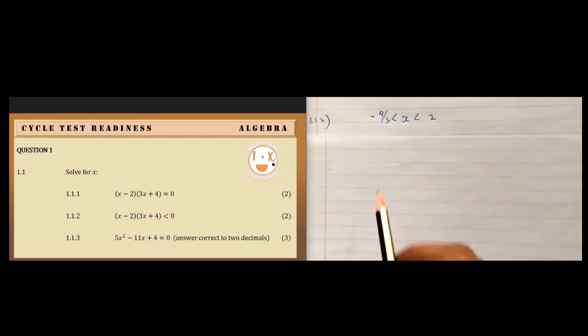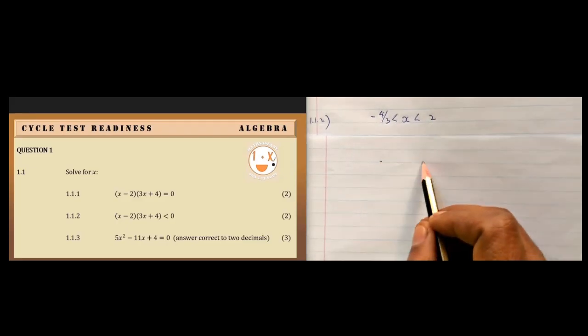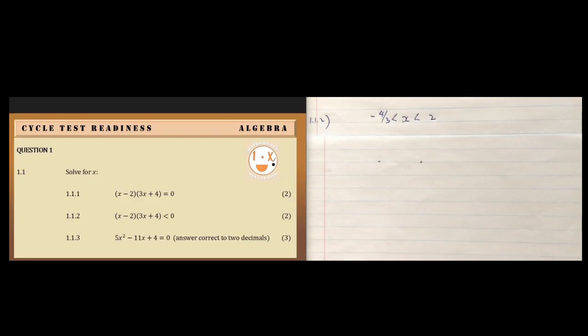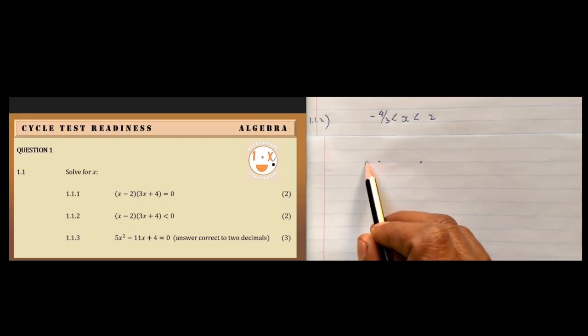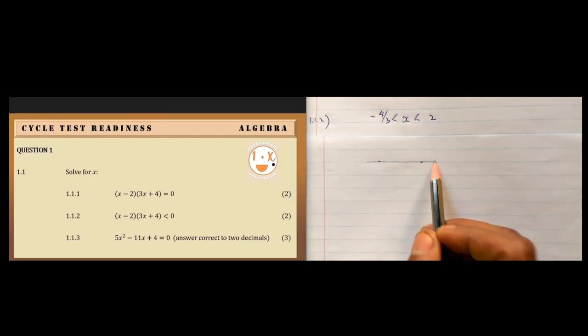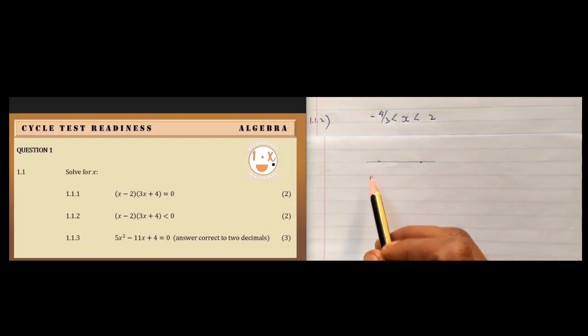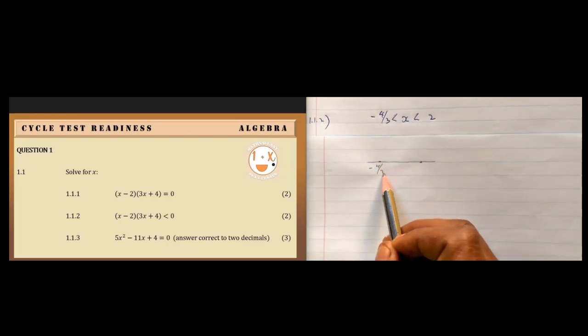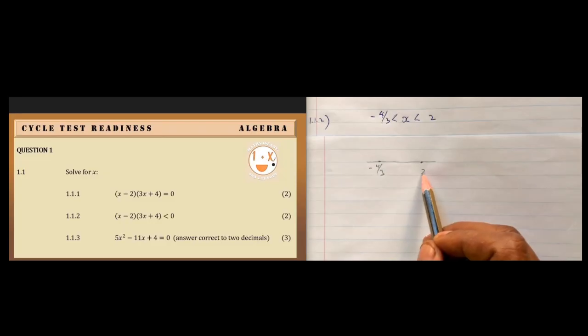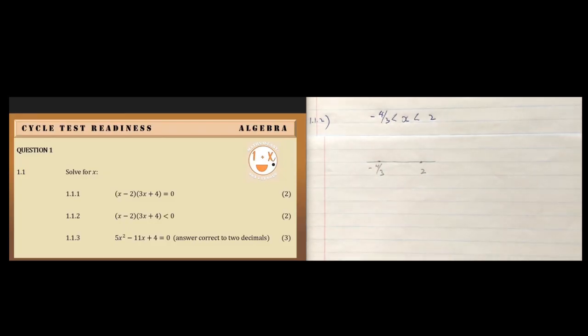So you already have your critical values. So in your critical values, if you use the number line method, you are going to do what? You are simply going to put the -4/3 there, and then the 2, then you do whatever method that you like, isn't it? Substitution, testing, and all of that.